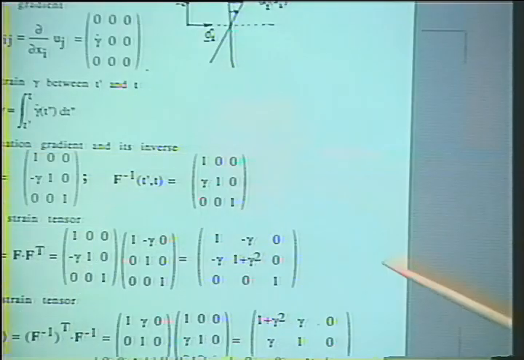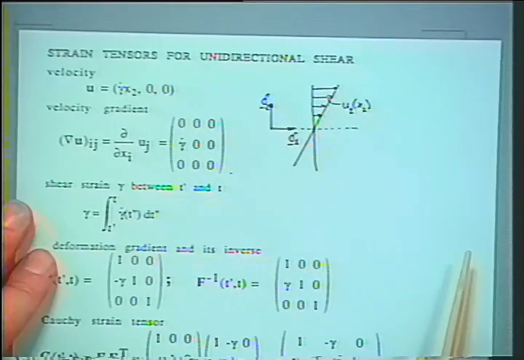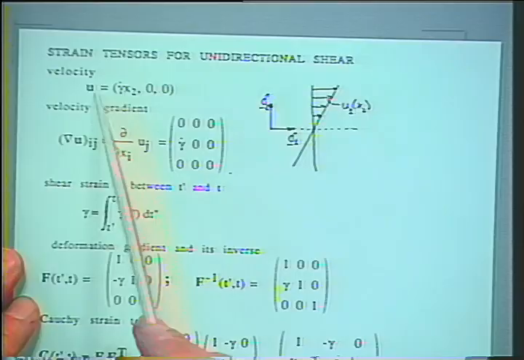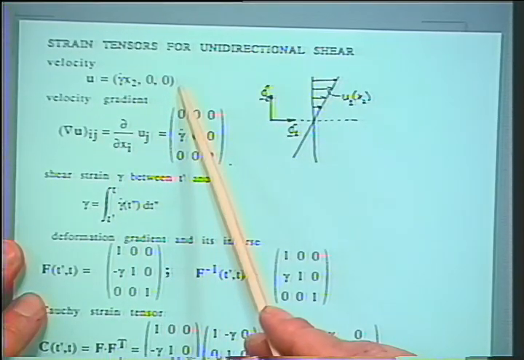Now, having calculated all these components, we can go back now to the formula which we derived in class. We can look at the strain tensor and the deformation gradient tensor. Let's do that here for a moment. Velocity field for shear flow can always be reduced into this format.